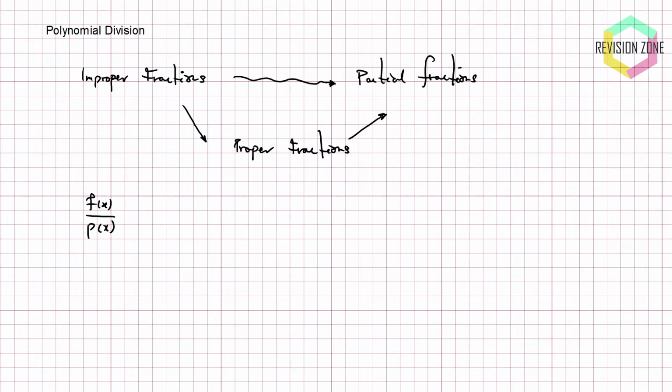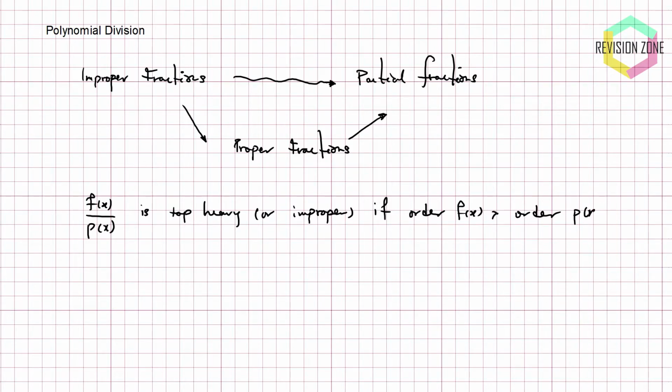And of course, this is top heavy, or another way of saying this is improper, if the order of f is bigger than the order of p.